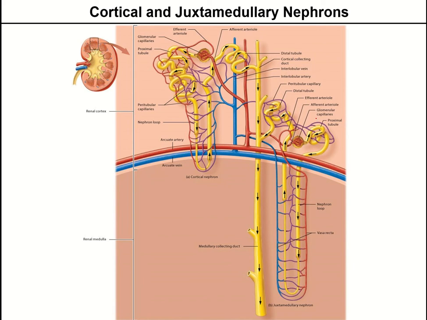But even with juxtamedullary nephrons, you're still going to have your renal corpuscle, your proximal tubule and your distal tubule in the cortex.